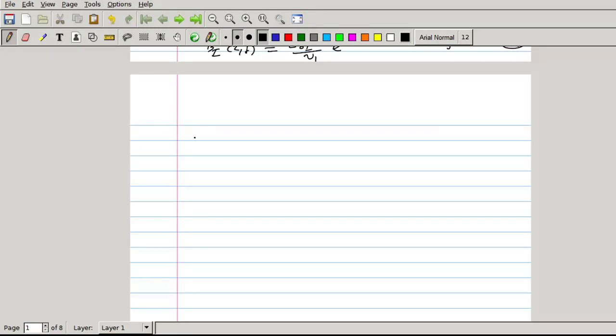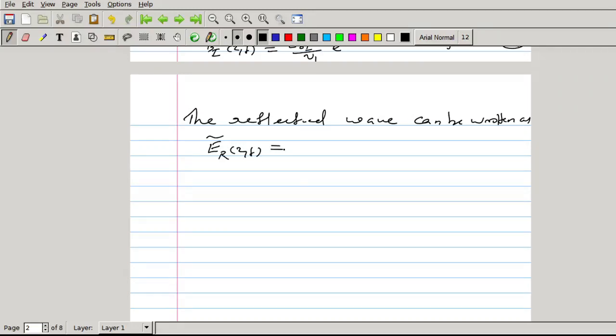In a similar way, the field vectors associated with the reflected wave can be written as E_R(z,t), the electric field vector associated with the reflected wave.